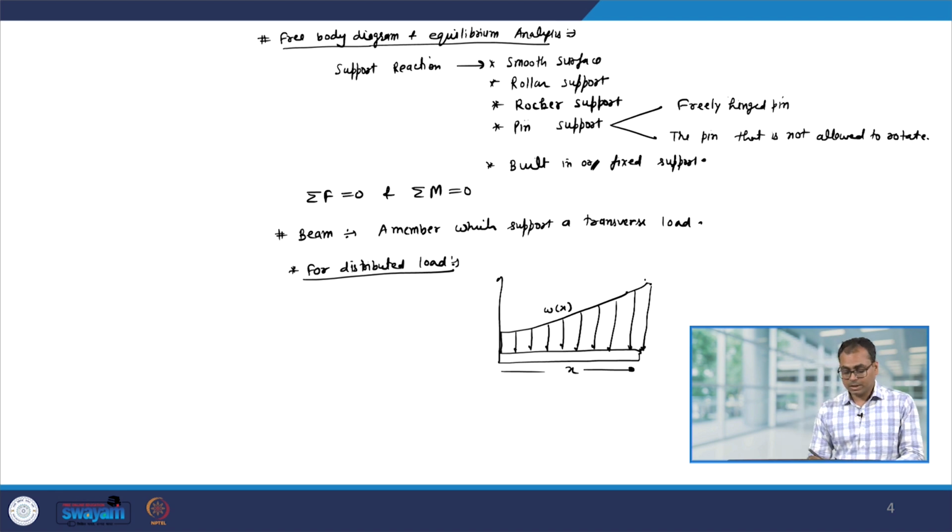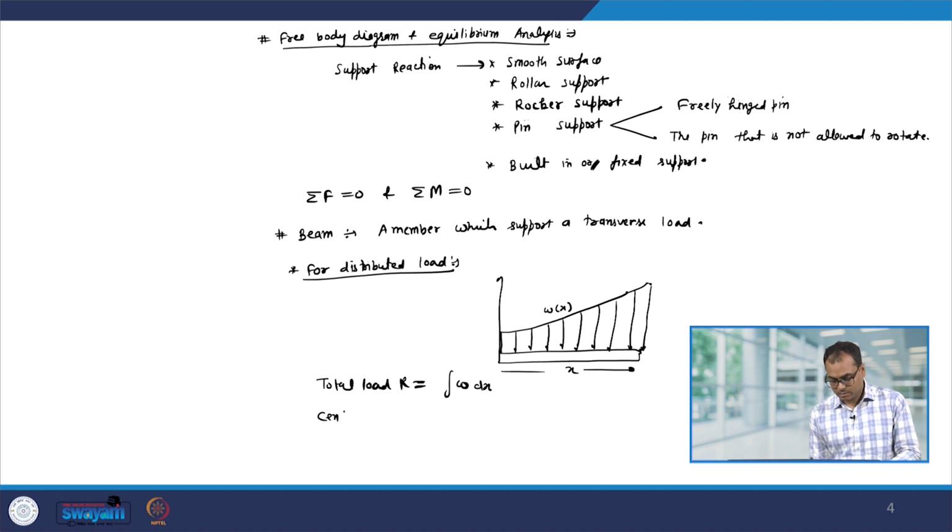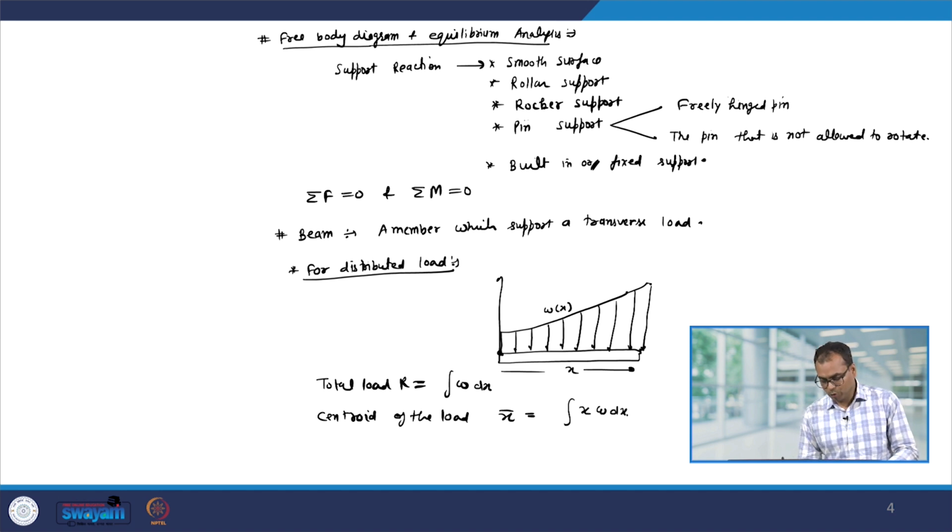Then this distributed load can be replaced by a concentrated load, and the total load R is equal to the integral of W dx, where W is the loading intensity, and the centroid of the load, which is x bar measured from here, is equal to the integral of x W dx over R.